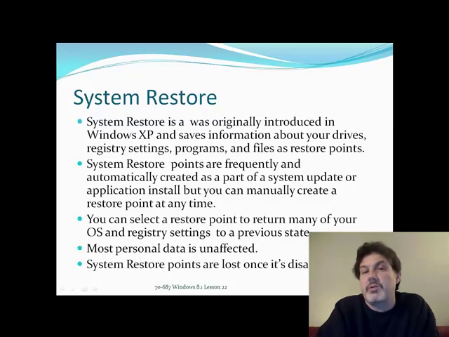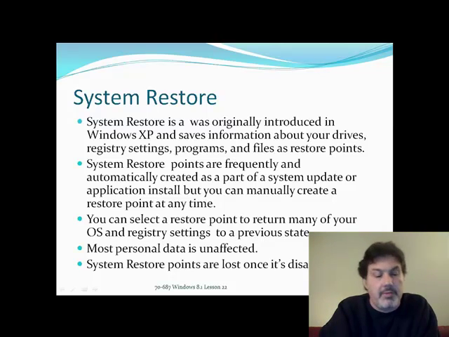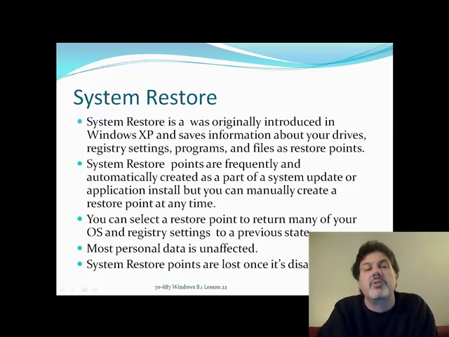The nice thing about System Restore is that it does not affect your personal data. I will also point out that if you have to disable System Restore for any reason, maybe you are doing a manual uninstall of some sort of malware and you've been advised to turn off System Restore, if you do so, you will lose all previous restore points on the system.